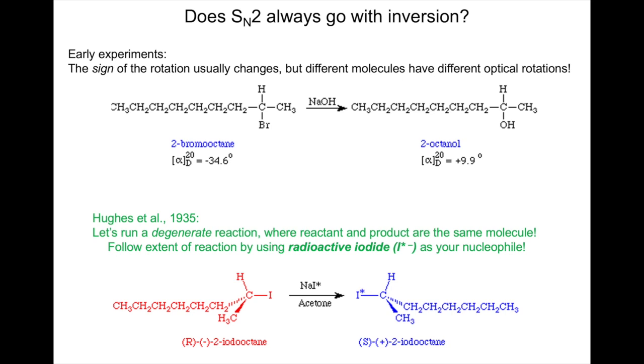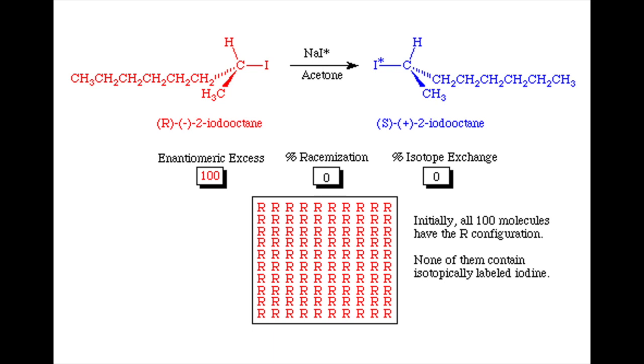Okay, so we're going to be able to follow two different things in this reaction. We can follow how radioactive the product is, which is the same as the starting material, so how radioactive the octane is, and we can measure the optical rotation of the whole system. So again, as we set it up, here's what it looks like.